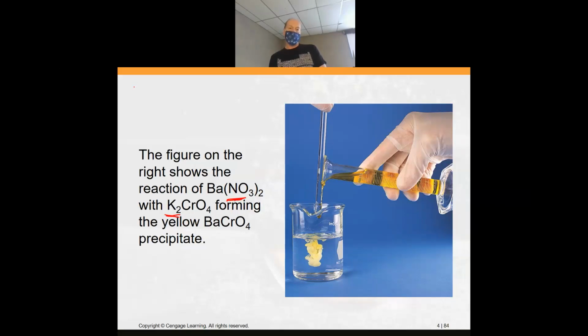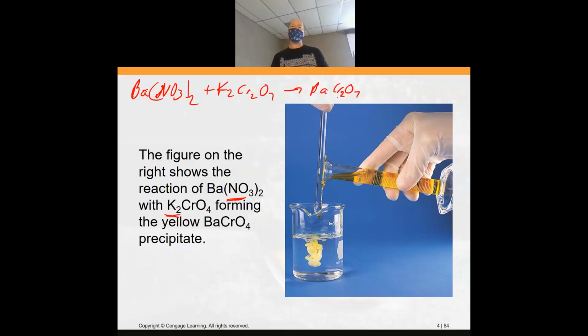So if we're doing the molecular, we have Ba(NO3)2 plus K2CrO4. Both of those are soluble. Now we're going to do a double replacement reaction. The barium goes with the chromate, so we get barium chromate, BaCrO4, and that is not anything on your list to memorize.